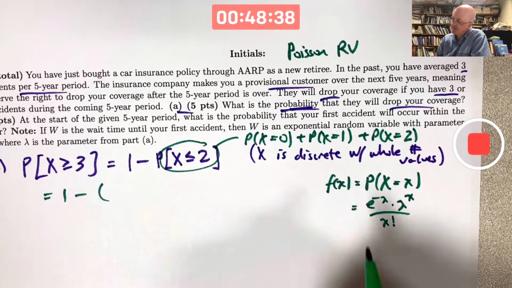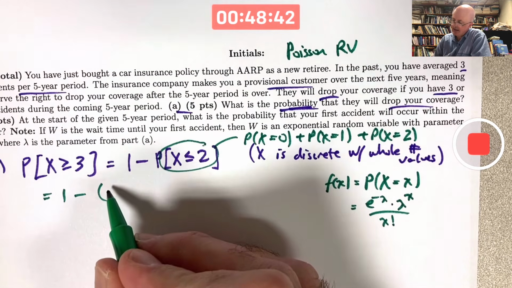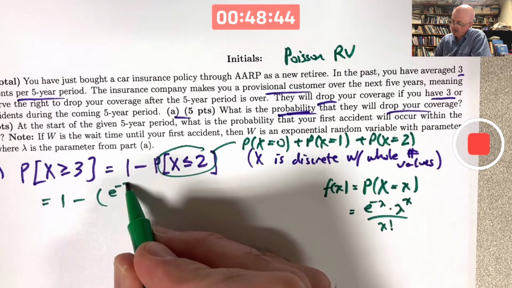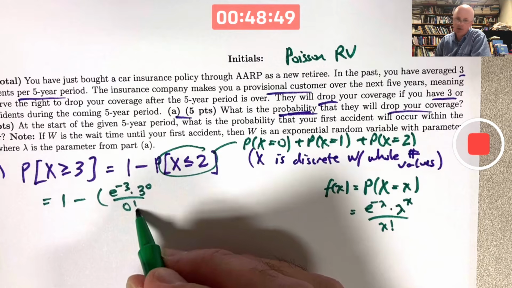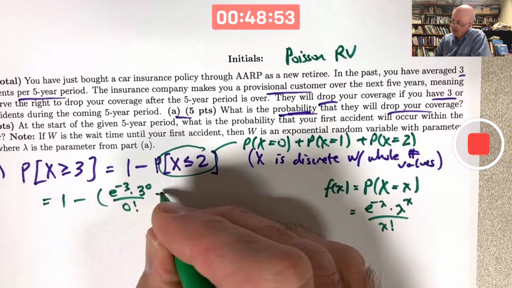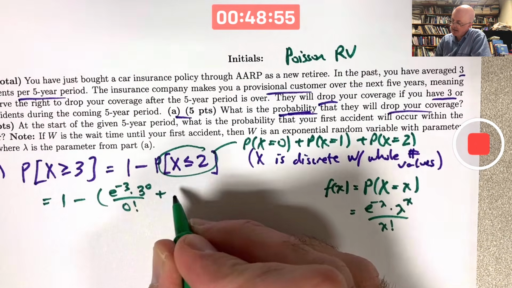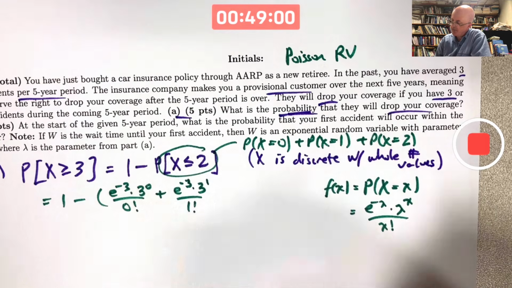So in the case when little x is 0, and lambda is 3, it's e to the negative 3 times 3 to the 0 over 0 factorial, which is, of course, dividing by 1. 0 factorial is 1. When x is 1, I get e to the negative 3 times 3 to the first divided by 1 factorial.